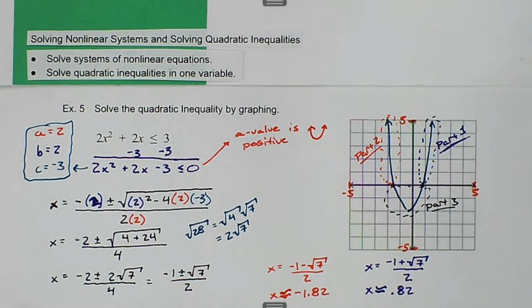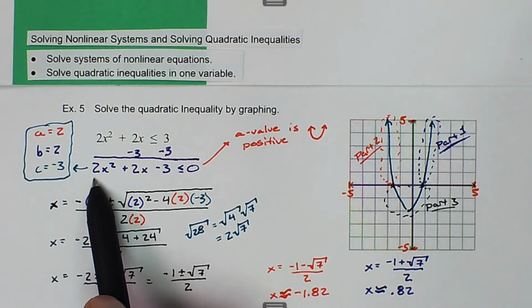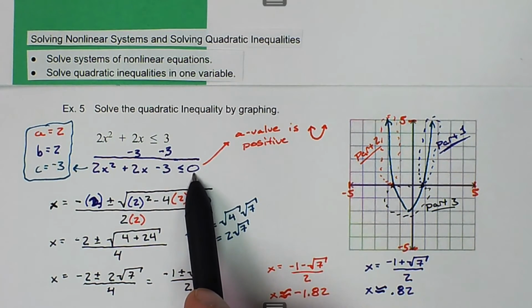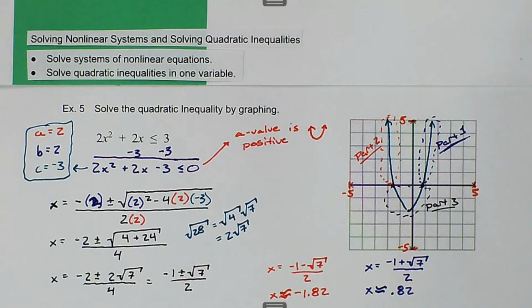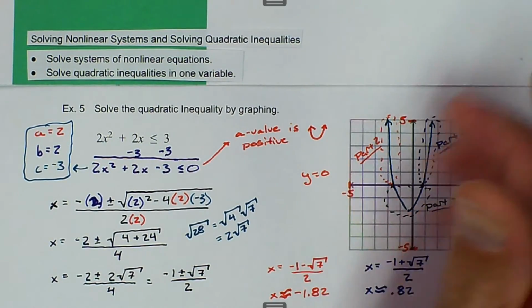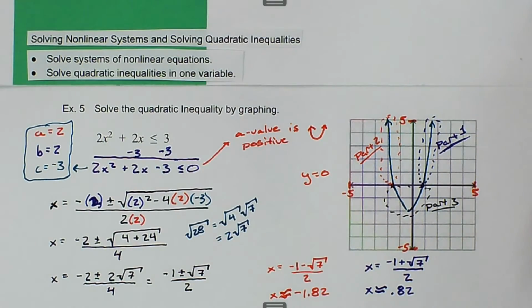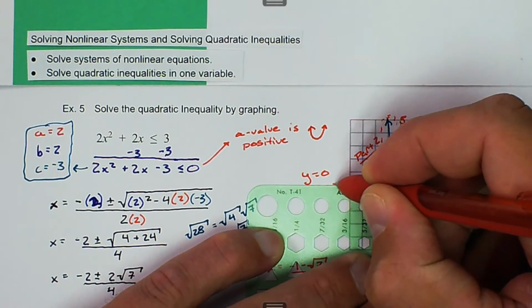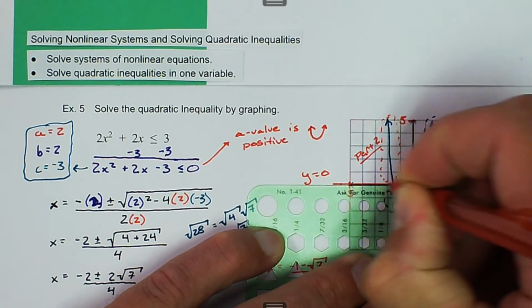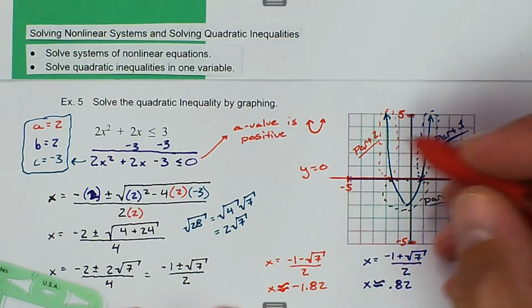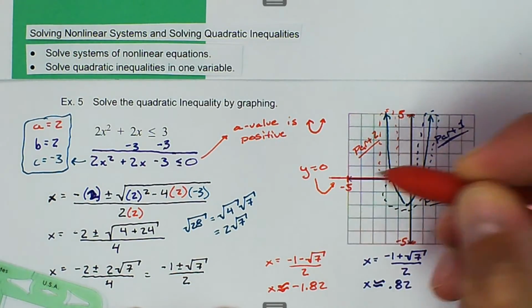Okay. So this basically says, when is the parabola less than or equal to 0? So we have the line y equals 0. Where does the line y equals 0 happen? It happens right at the x-axis, so right here. So that's y equals 0 right there.